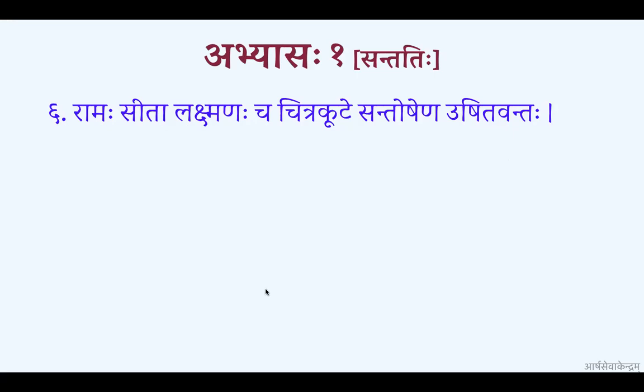But my question is, can you use punaha if it is two different lingas? If you want to identify separately or get more precise, sure, because you cannot ask kaha on Sita. Then you'll have to change the question also, right? It won't be kaha ushitavantaha, it will be kaha ushitavan. That is why it is better to ask ke, because these three are related and the Kriya Padam is in Bahu. Okay.